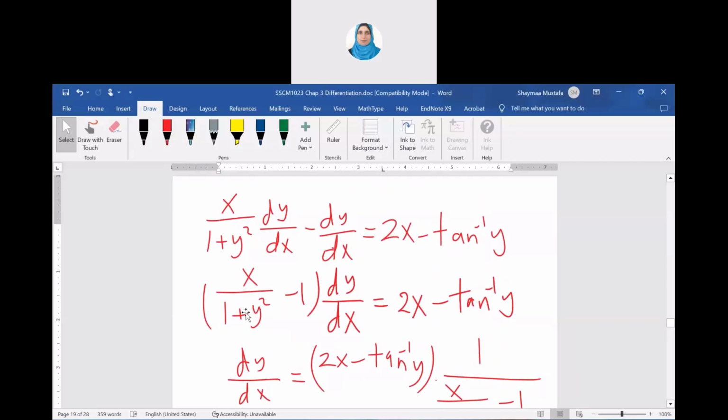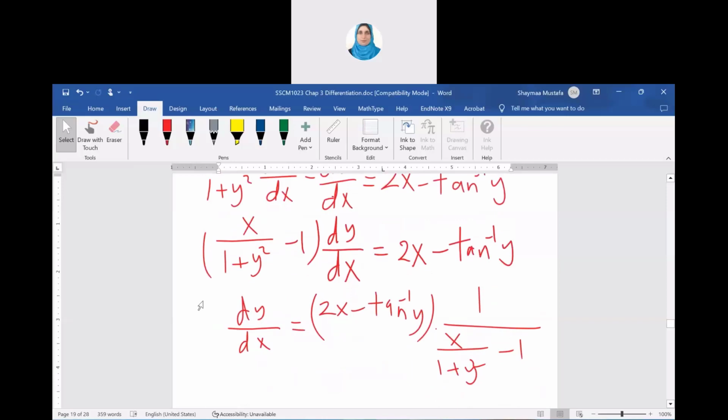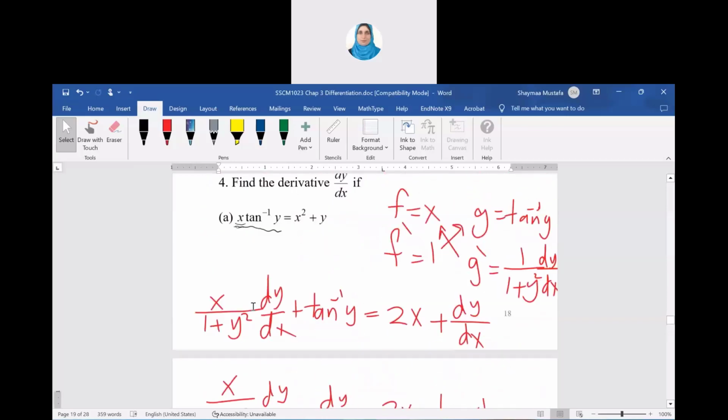So this is dy over dx. You need to divide both sides by this term.